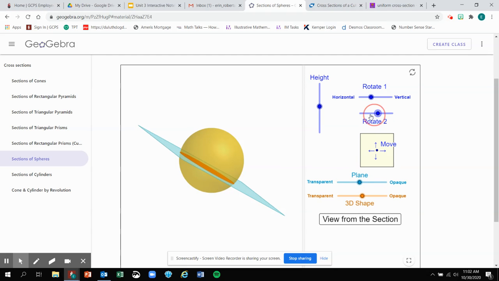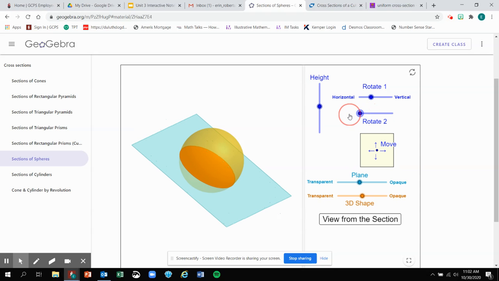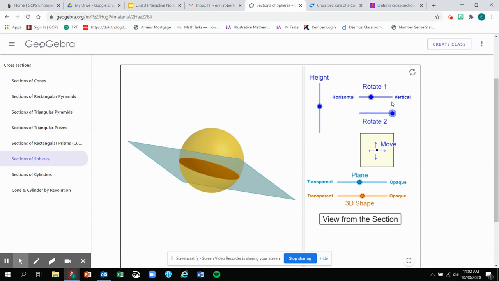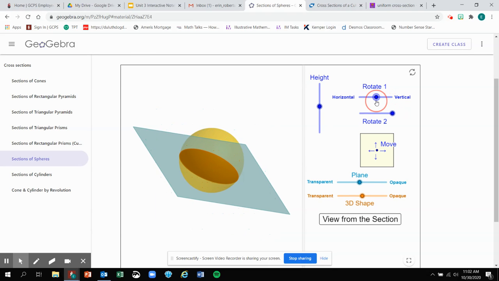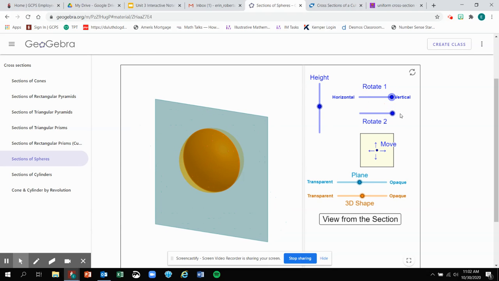It doesn't matter how I turn this plane, how I rotate it, how I cut, because a sphere is perfectly round. A parallel cut, a perpendicular cut, a diagonal cut will always be a circle. There is only one possible cross section of a sphere, and that is a circle.